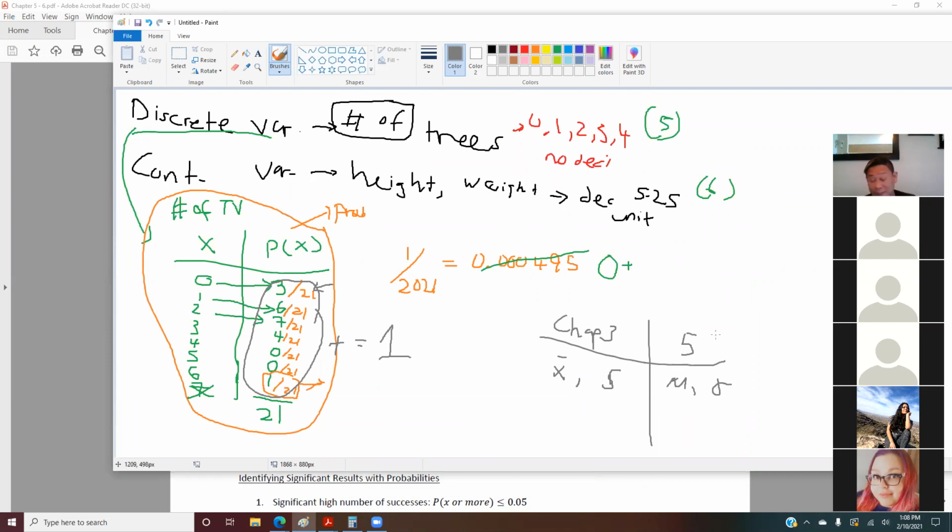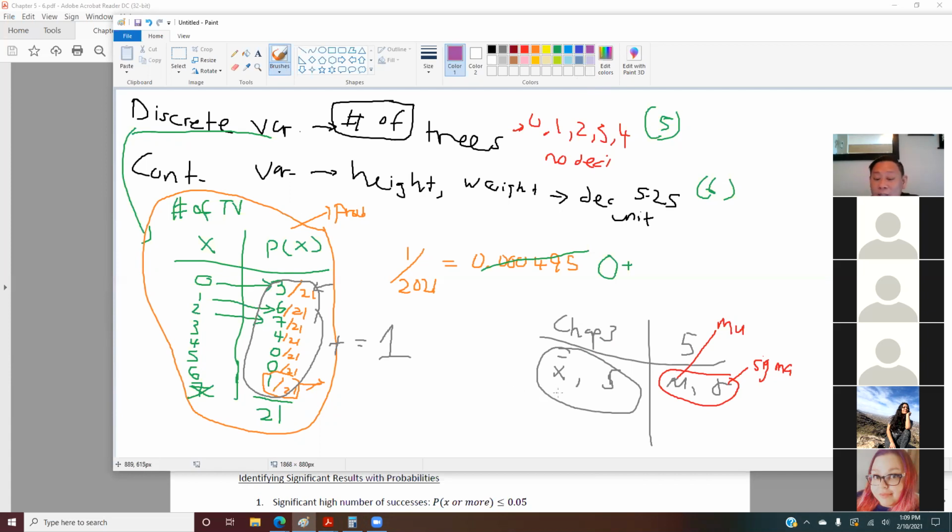This is starting to let you guys know the difference of a symbol. Do you know why in chapter 3 we use x bar and s for mean and standard deviation, and why in chapter 5 we use mu and sigma? This is called mu, this is called sigma. Anyone know the difference?